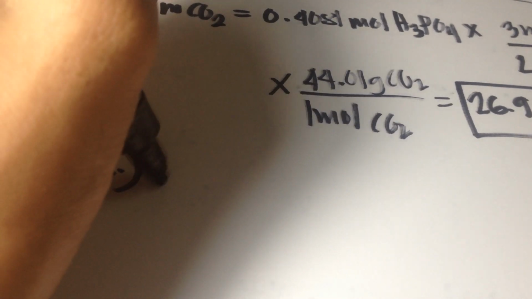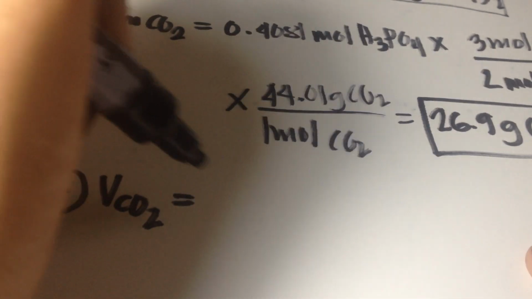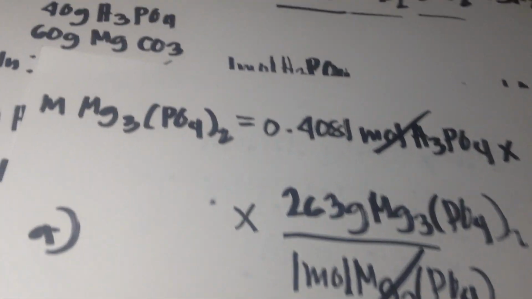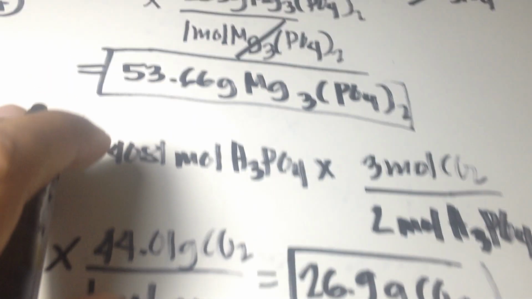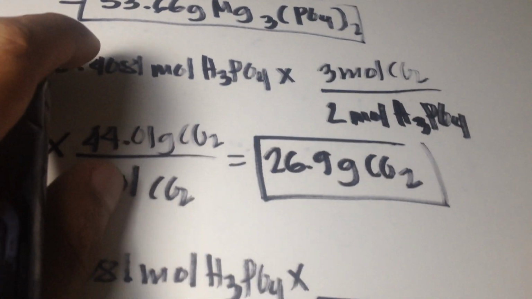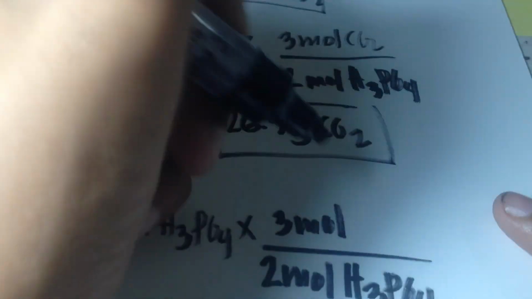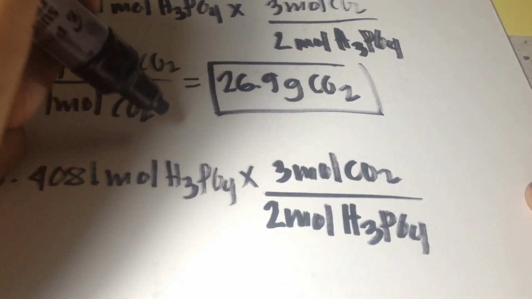So the volume of carbon dioxide equals 0.4081 moles of phosphoric acid times the ratio from the reaction, 2 moles of phosphoric acid to 3 moles of carbon dioxide, times 1 mole of carbon dioxide at STP, which is 22.4 liters.